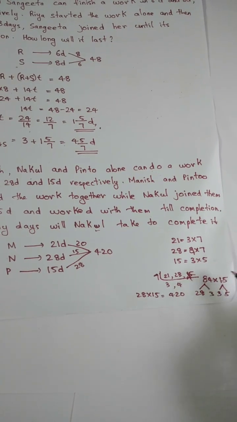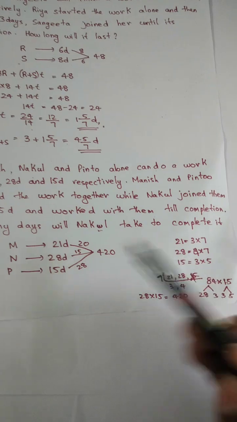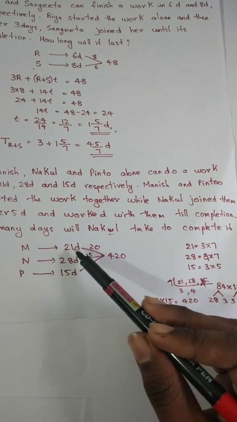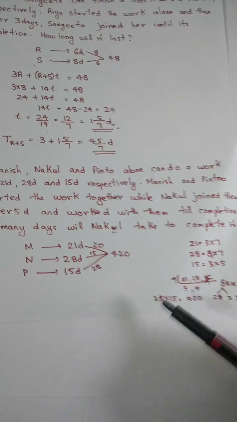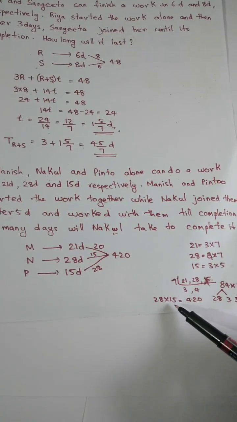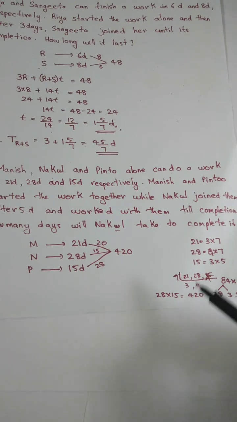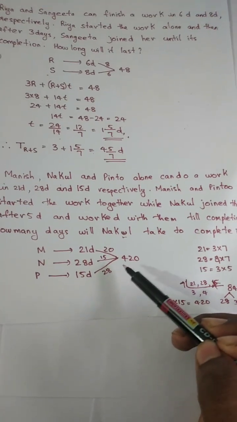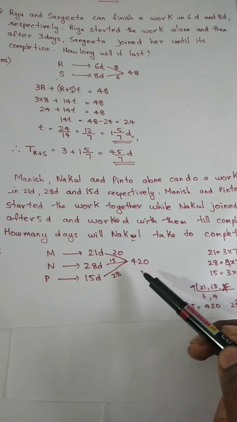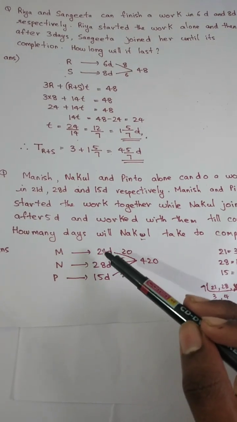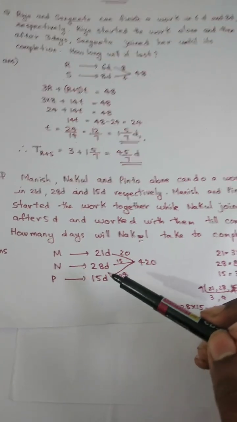So 28 multiplied by 15, we would get the number that's divisible by 21, 28 and 15. 28 multiplied by 15 is 420. So 420 would be the least common multiple, divisible by 21, 28 and 15.